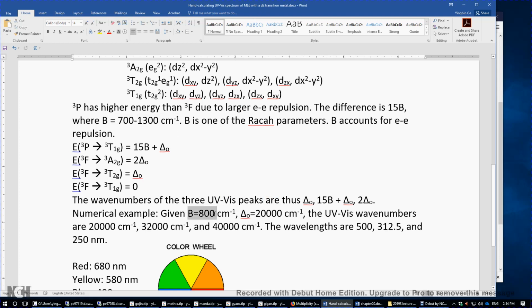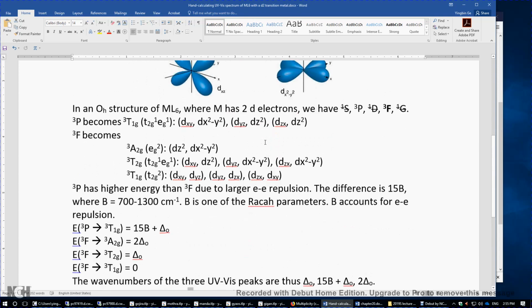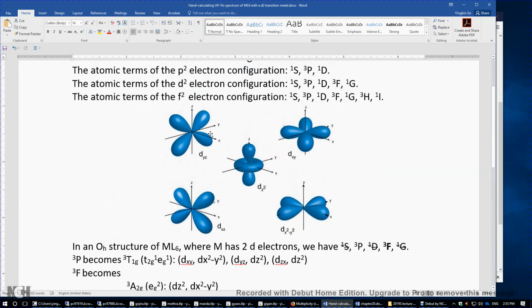Sometimes B can be smaller than the average value. When does that happen? So again, B accounts for the electron repulsion. Remember, especially, if you have two d orbitals that share the same plane. So for example, this two.